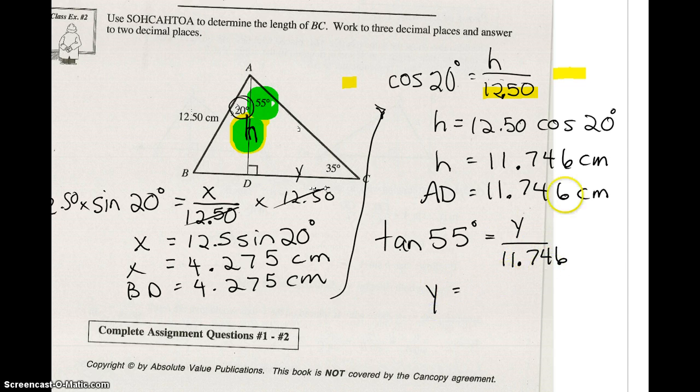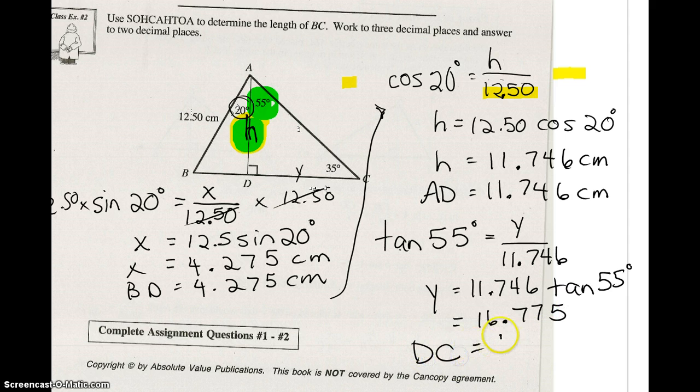Of course, I multiply both sides by 11.746, and I end up with 11.746 tan 55 degrees, and that equals 16.775. DC therefore equals 16.775 centimeters.